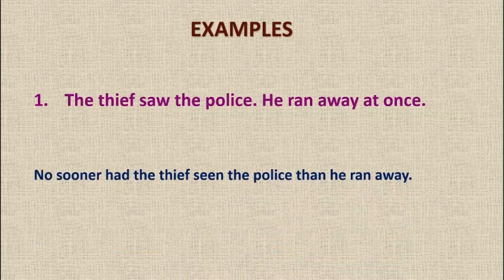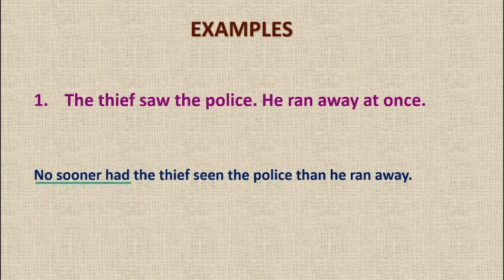So this is the answer for the above question: No sooner had the thief seen the police than he ran away. Let us see what changes we made here. We placed no sooner had before the action that occurred first.